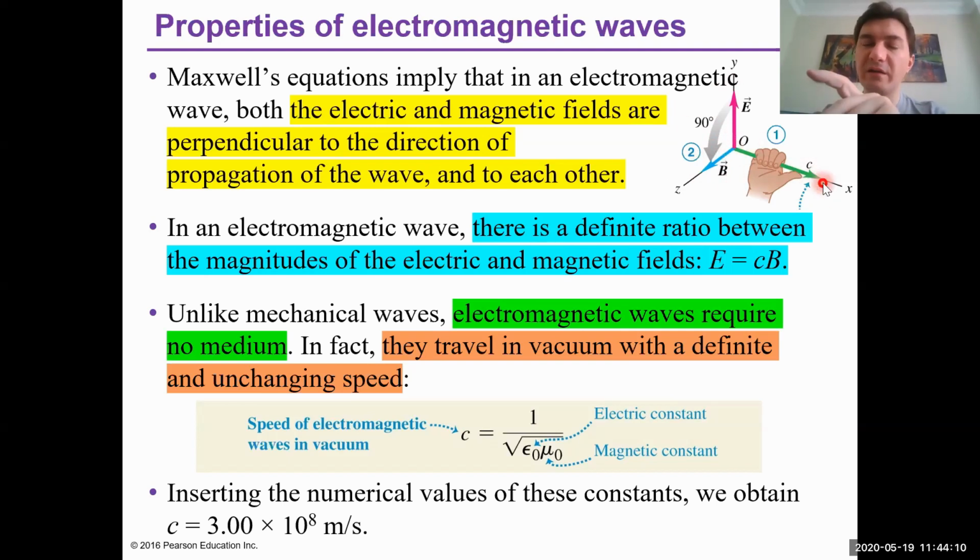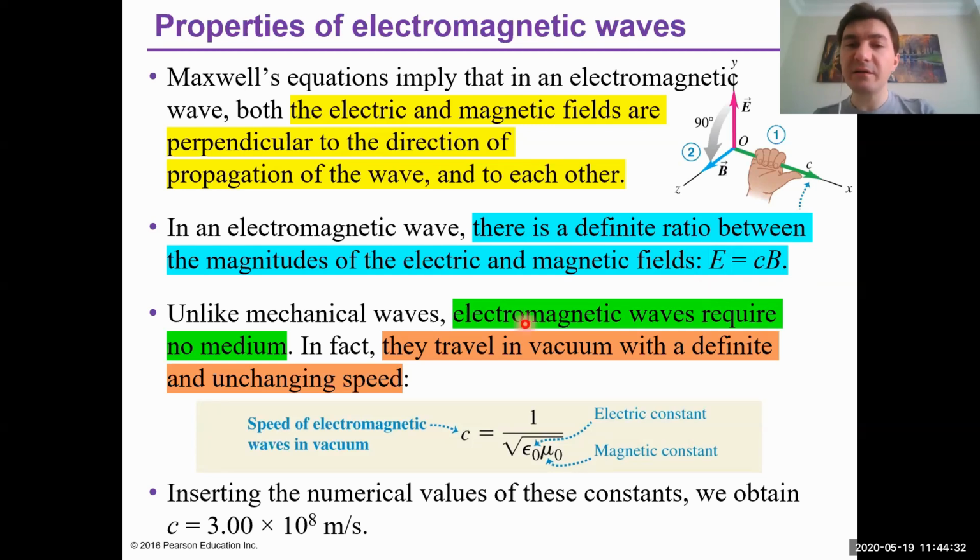Okay, don't forget this. And there is a definite ratio between the magnitudes of the electric and magnetic fields. So E is equal to C times B. This is valid always. Of course, for vacuum conditions.